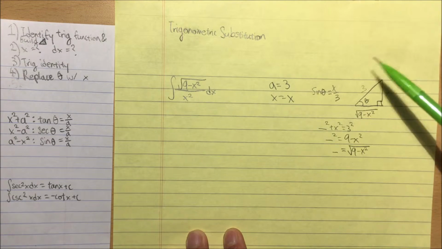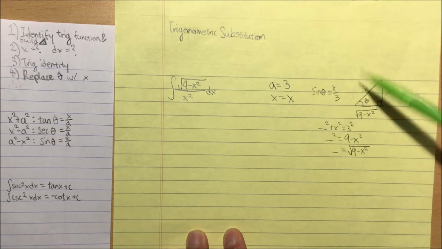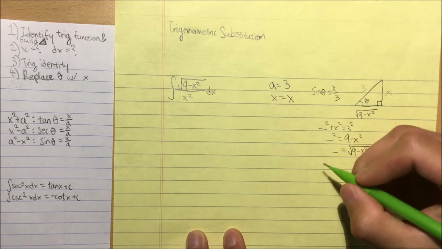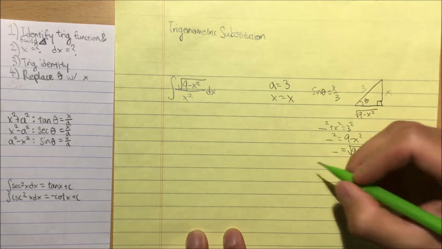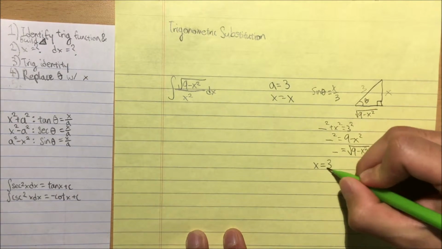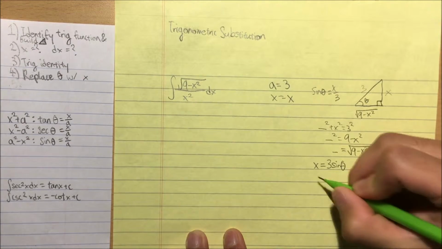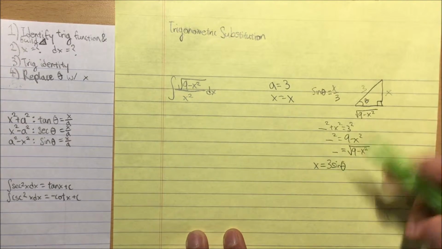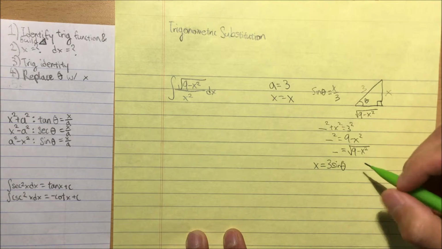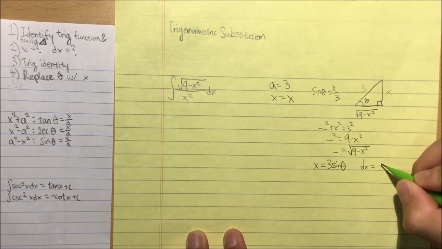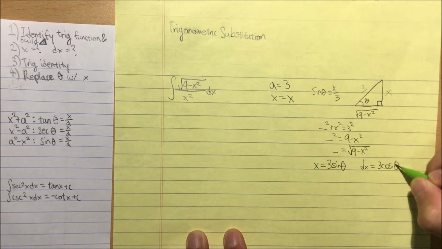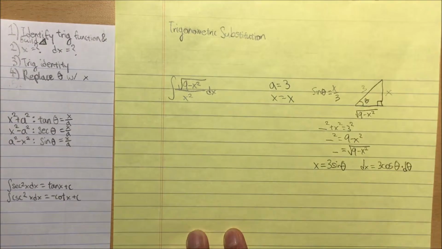And for this, we'll be working with the trigonometric expression we have here. Okay, so simply we can just carry over the 3, and that gives us x is equal to 3 sine of theta. And we can just find the derivative of this equation to find dx, and dx would equal 3 cosine of theta times d theta.